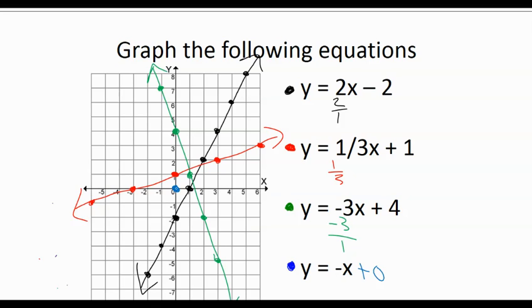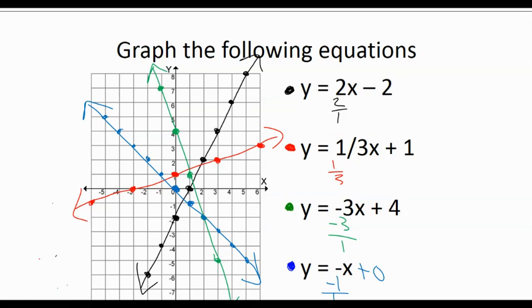So I know my slope is -1. -1 as a fraction is -1 over 1. So that tells me I'm going to go down 1, right 1. Down 1, right 1. Keep doing that. I could go up 1, left 1, too. And I'm going to connect them with a line, and we've successfully graphed it.